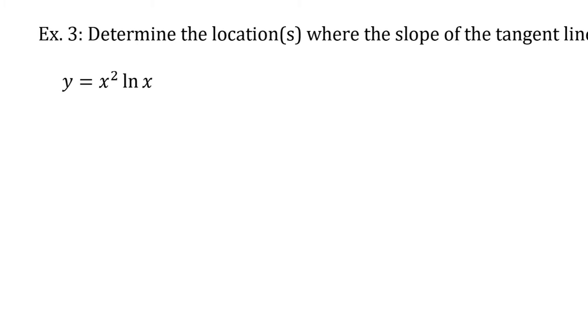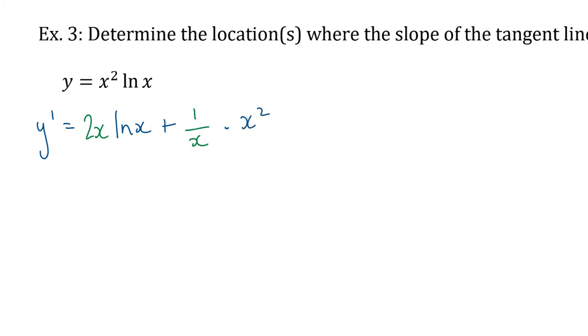Product rule. Very nice. So y prime equals derivative of the first thing times the second thing plus derivative of the second thing. That's easy. It's just 1 over x in this case times the first thing.